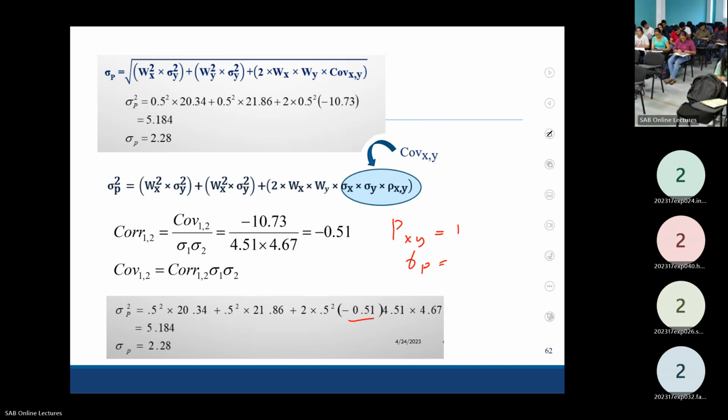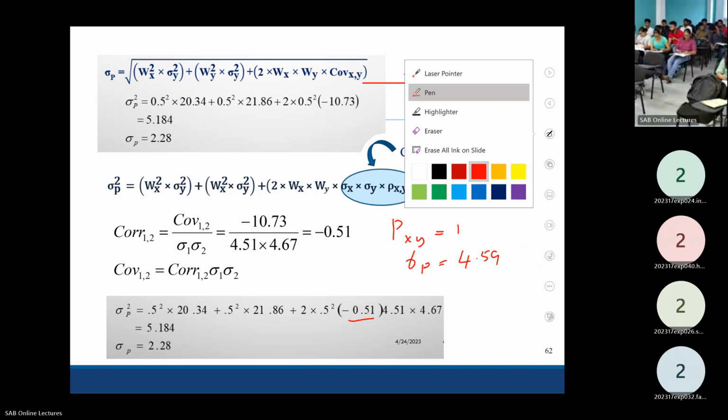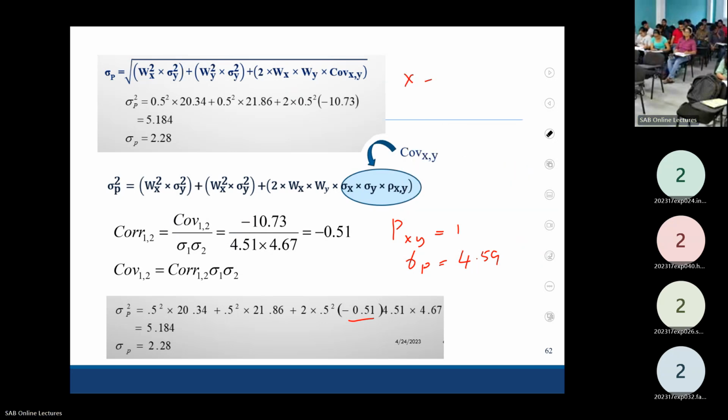We get 4.5. Now calculate the weighted average standard deviation value of the individual stocks. Stock X standard deviation is how much? 4.51.